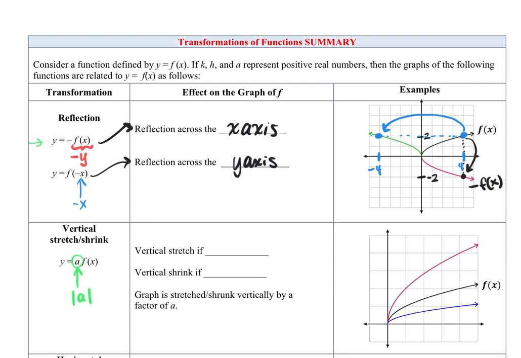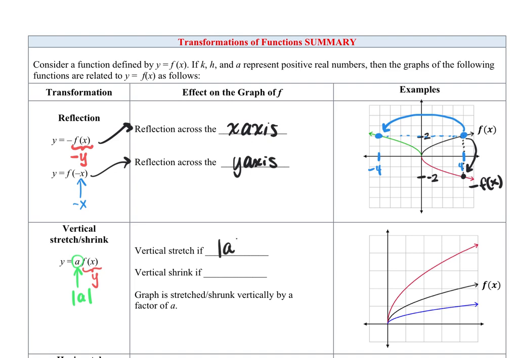So taking a look at if you have a number multiplied out in front by your function, and again, thinking about this like we just did previously, if f of x is really another way of writing y, we're multiplying our y values by a number. So if that number is greater than 1, then we have a vertical stretch.